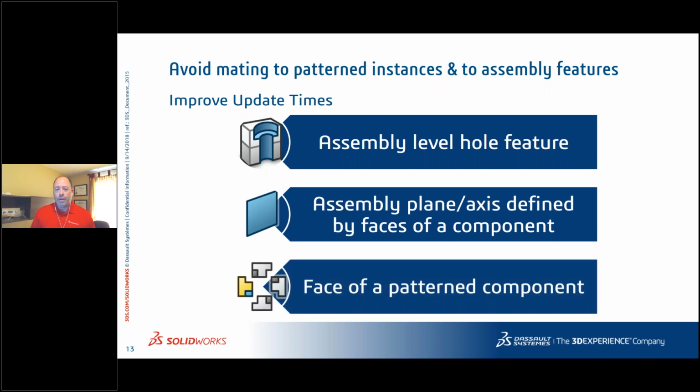Or a third example that we'll see from time to time is that you've got a pattern inside of an assembly, and you're mating to one of the patterned instances. Those are things you want to avoid as much as possible. I understand that sometimes you have to do it, but try to avoid them.